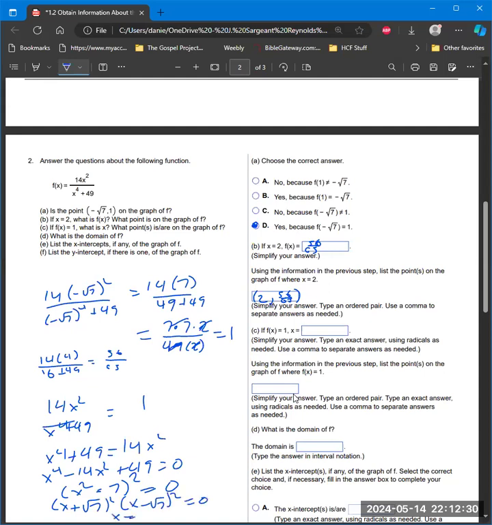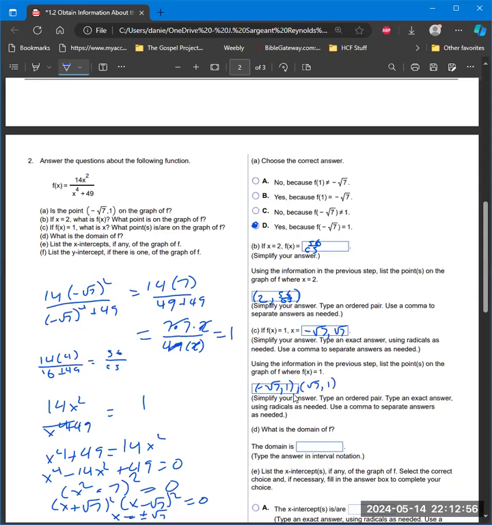So x equals plus or minus root 7, both of them with a multiplicity of 2. We'll talk about what that means later. So x is going to be equal to negative root 7 or positive root 7, meaning the graph has (-√7, 1) and (√7, 1) on the graph.